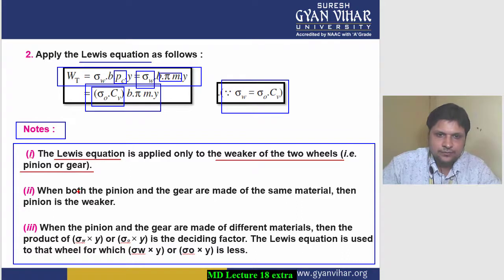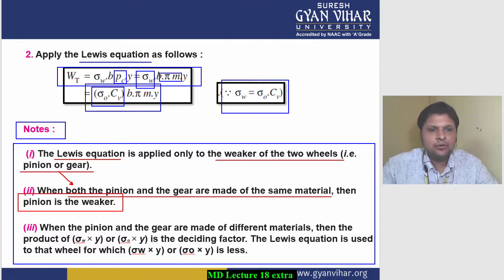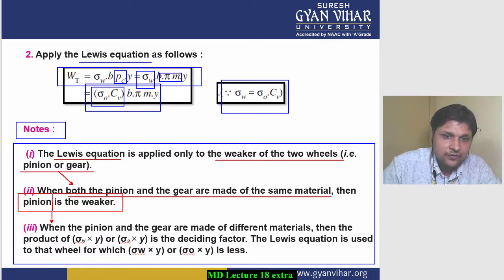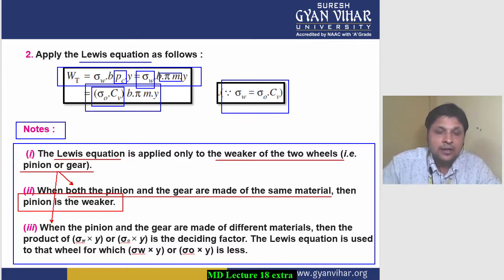Now what are the rules for that? One rule says that, students, when both the pinion and the gear are made of the same material, then the pinion is considered as the weaker one. Now when both are made of different materials, then in that case we have to calculate the value of sigma w into y, or in other words sigma naught into y, for both the pinion as well as the gear.